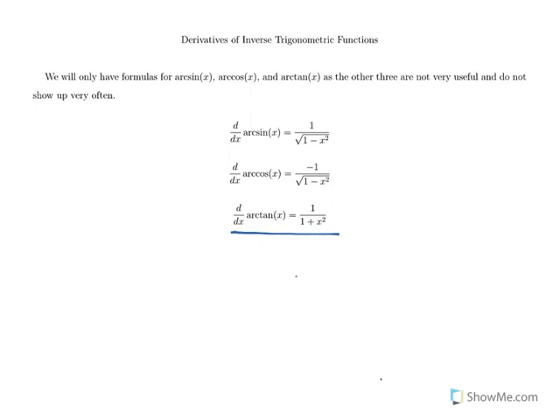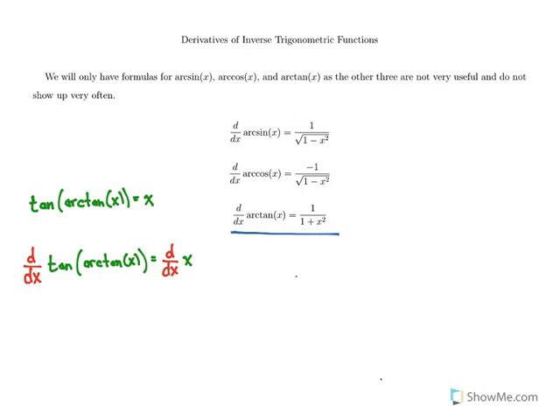So arctangent, let's do the same kind of thing where we're going to have the fact that tangent of arctangent of x is going to be equal to x. And we are going to use that fact to find the derivative. So we're going to take the derivative of both sides. The derivative of tangent of arctangent, we need to do the chain rule.